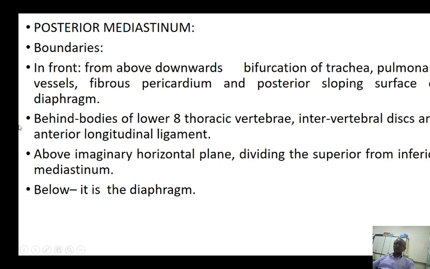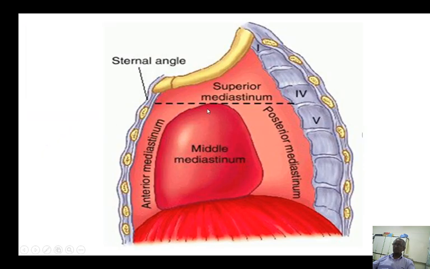Behind are the bodies of the lower 8 thoracic vertebrae, from T5 up to T12, their intervertebral discs and the anterior longitudinal ligament.